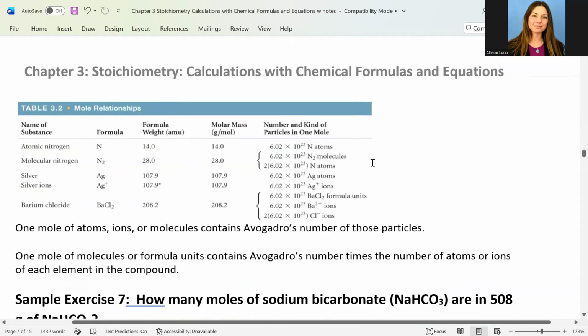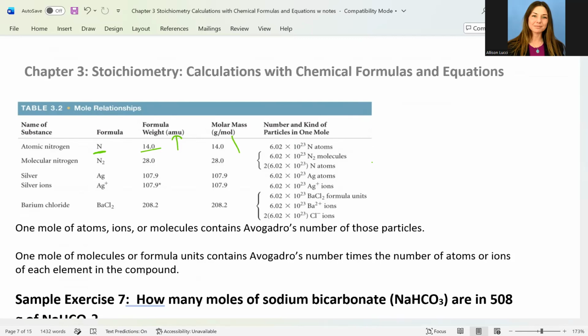And just so we can have a summary of everything we looked at, we can see atomic nitrogen here and its formula, and then its corresponding formula weight, how we could write it in atomic mass units or grams per mole and mean the same thing. And if we have just one mole, we have that Avogadro's number, 6.02 times 10 to the 23rd nitrogen atoms.